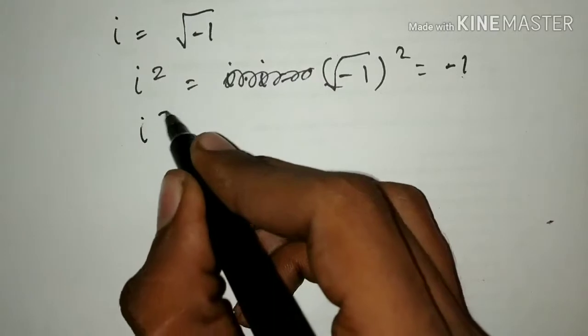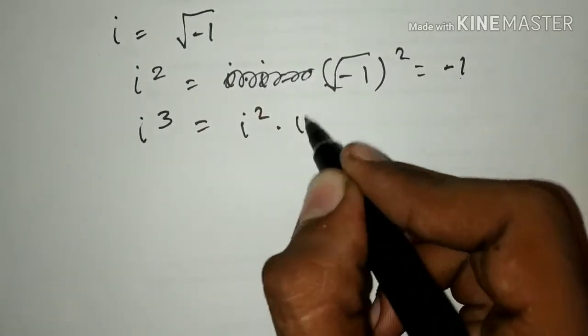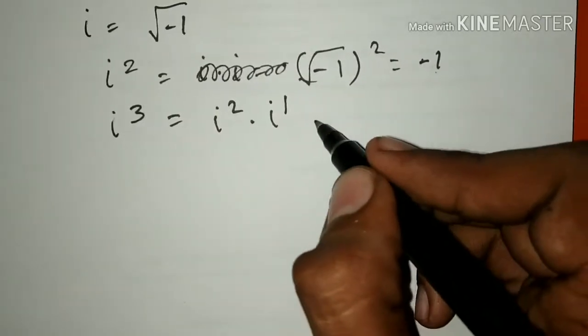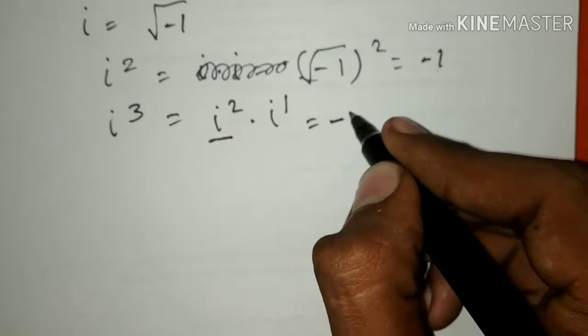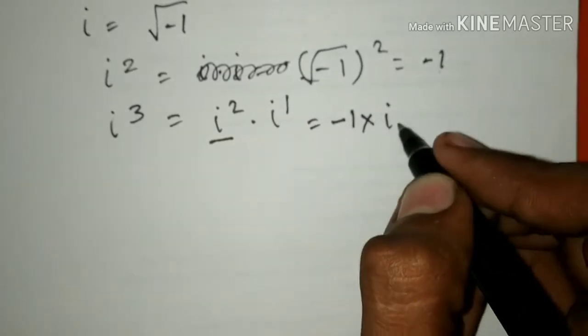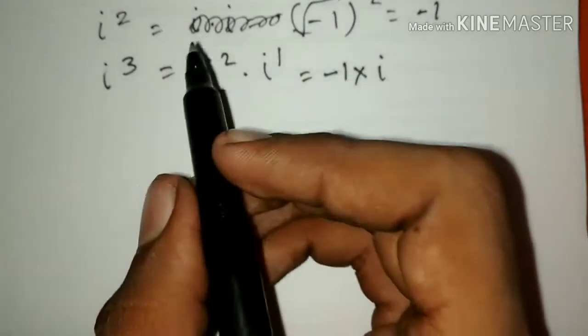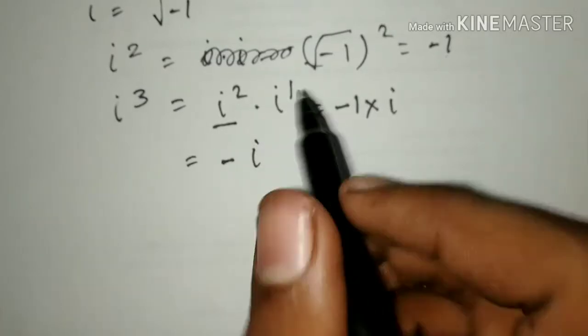Now i cube is just equal to i to the power 2 into i to the power 1. Now i to the power 2 is -1, so it's -1 into i, so we write i cube as minus i.